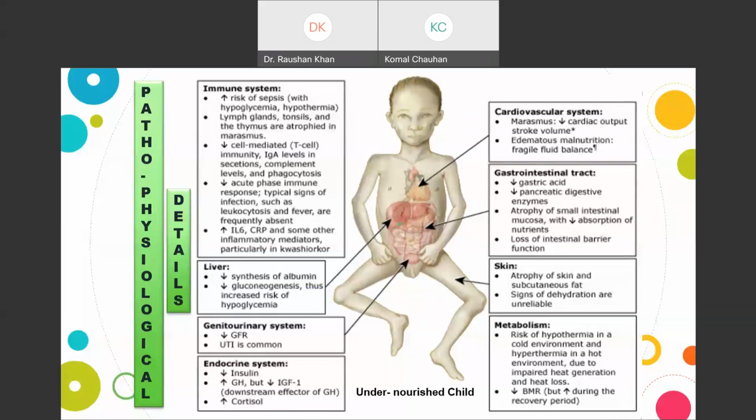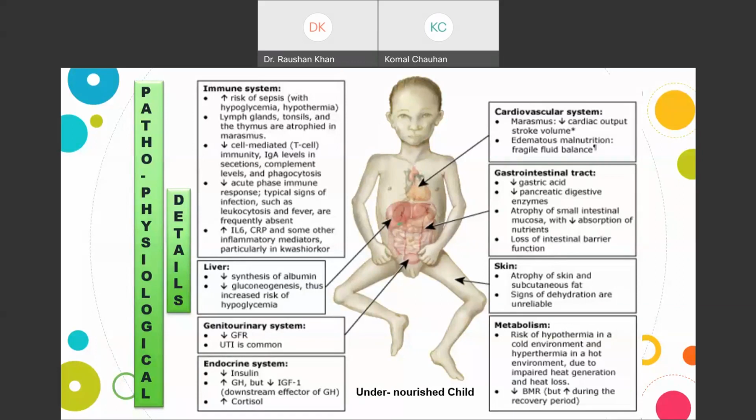So by seeing that kind of child, you will not be able to understand that the child is suffering from malnutrition, because at one look, the child may be looking healthy, but this is just the water retention or edema. So the signs of dehydration are very unreliable. You will not be able to see that the child is dehydrated at first sight. You have to look for clinical signs and symptoms.